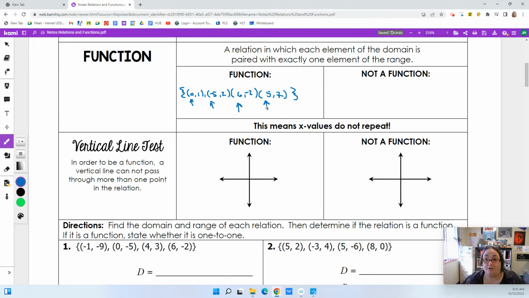It's a legitimate function. If the X values do repeat and they don't have the same Y value, it's not a function.